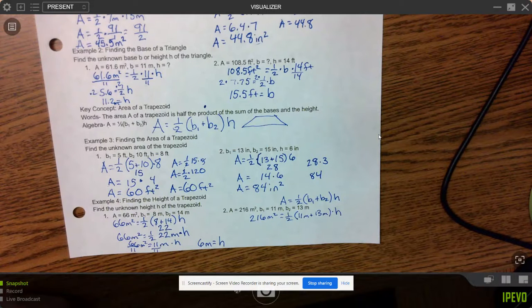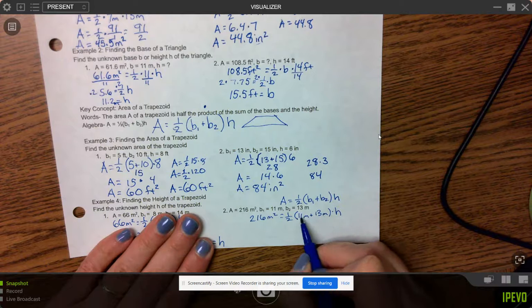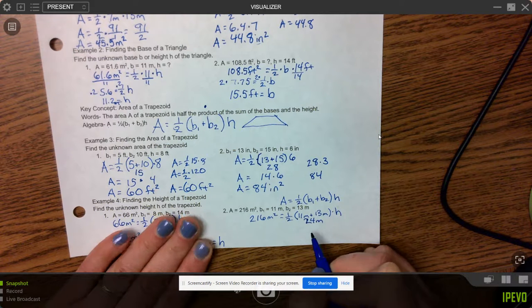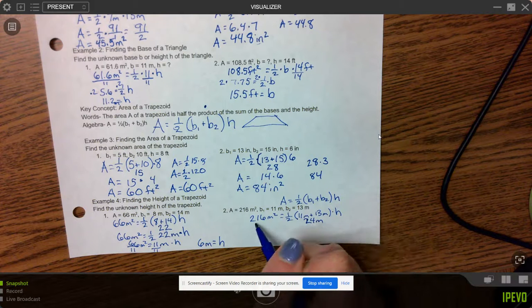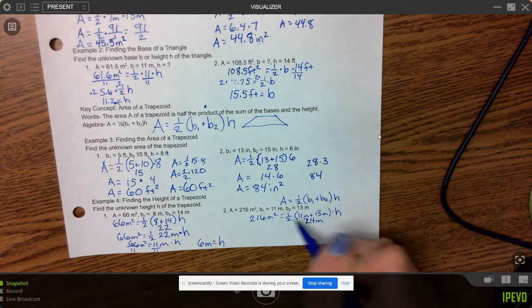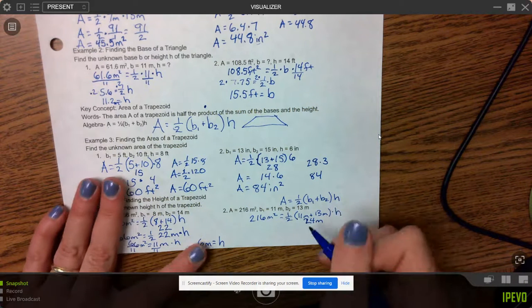So we're going to solve for that h. Solve for the height. First thing we do is our parentheses. 11 plus 13 gives us 24 meters. You have a question, Will? Okay. I could divide by that 24 and then multiply by 2, or I could find a half of 24 right from the start. Does anybody know a half of 24? Brielle? 12.